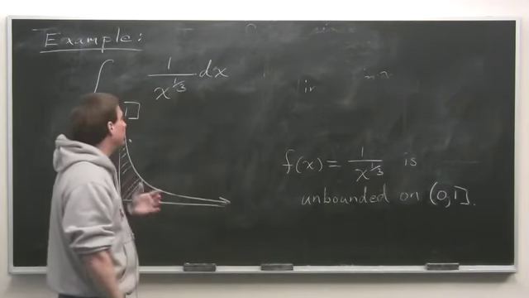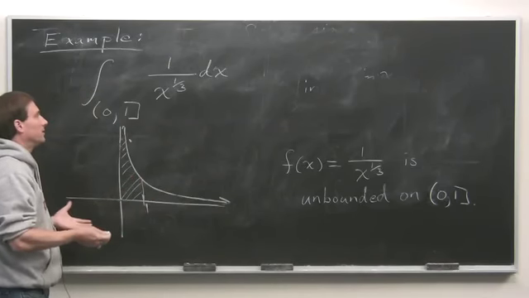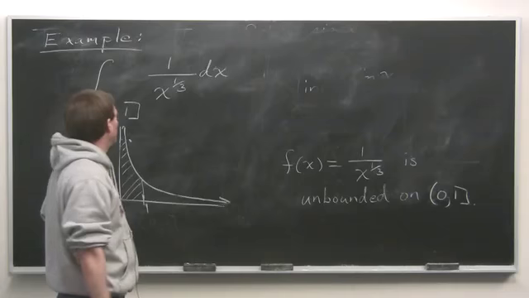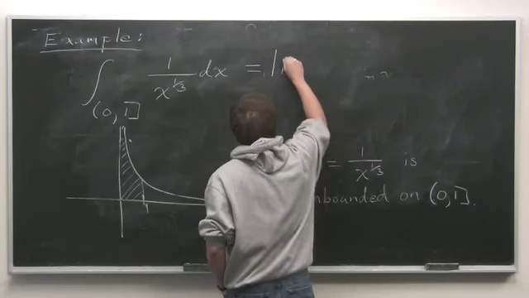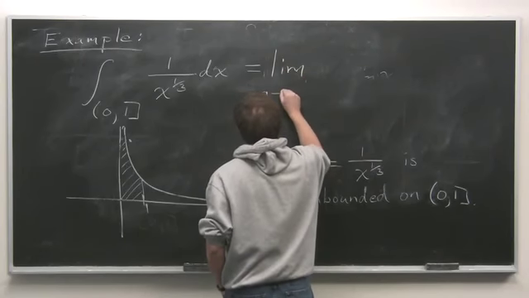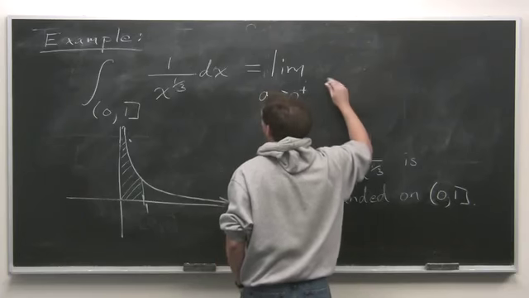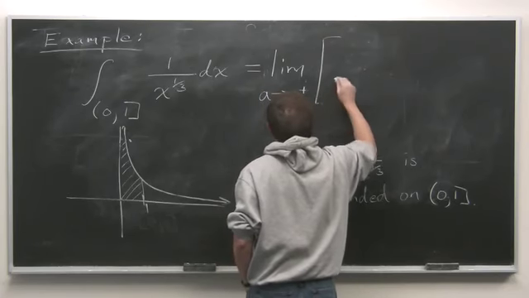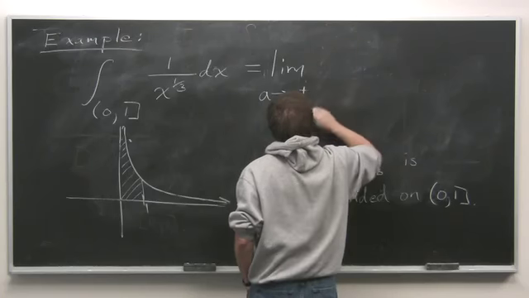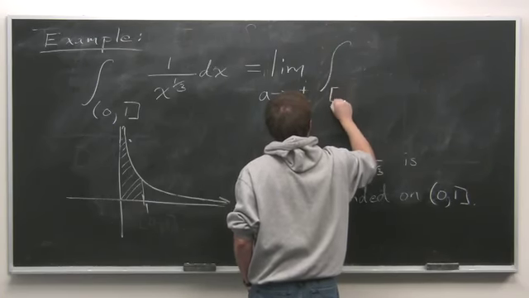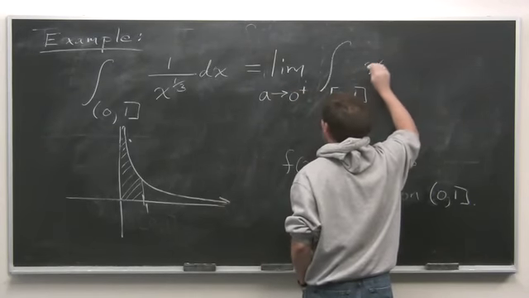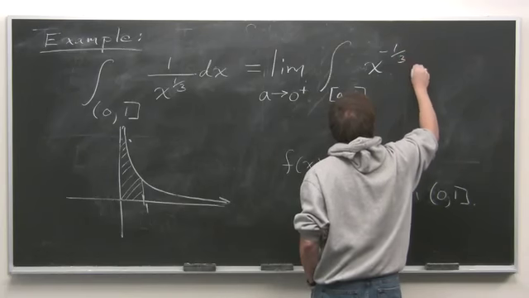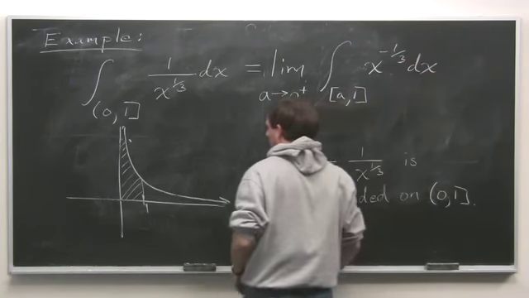But what about our limiting kind of definition? Could we define this in terms of limits if we wanted to? The answer is yes. We could once again take the limit as a approaches 0 from the right of the integrals over closed intervals. So I'll now write 1 over x to the 1/3 as x to the minus 1/3.